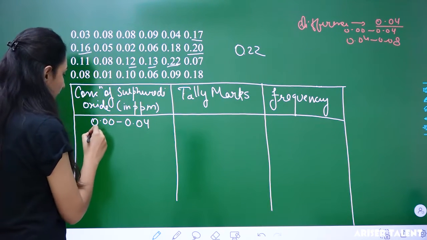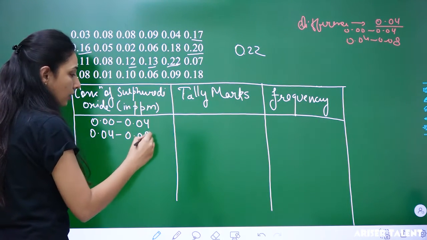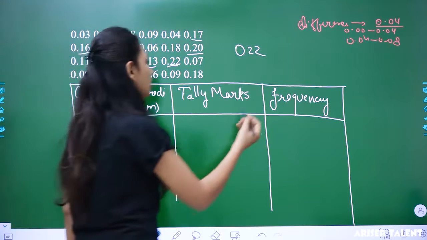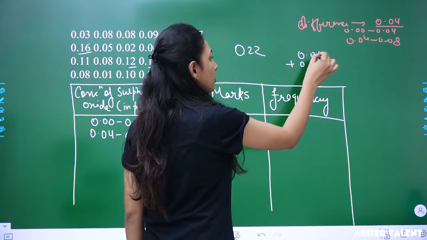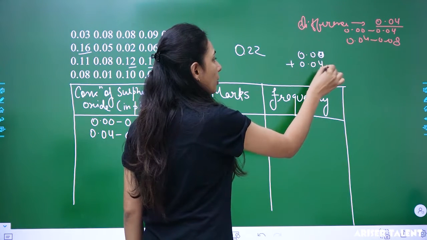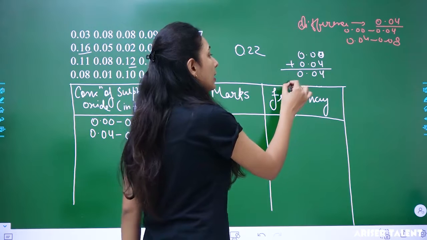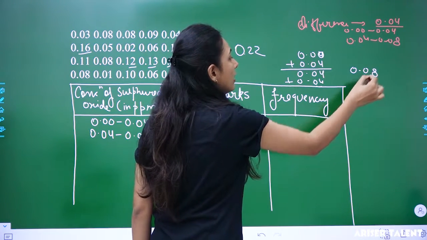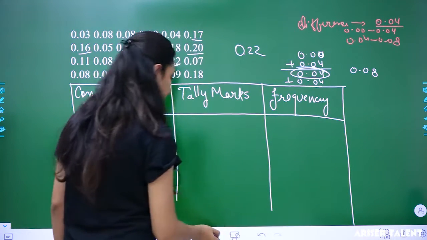Then from 0.04 to 0.08, a difference of 0.04. How do we make it? 0.00 plus 0.04 is 0.04. Again add 0.04 here, that is going to be 0.08. So the next range is 0.04 to 0.08.